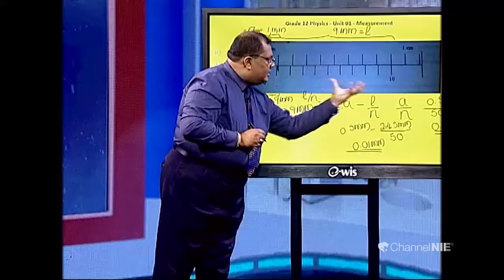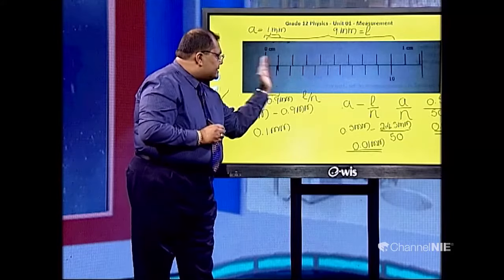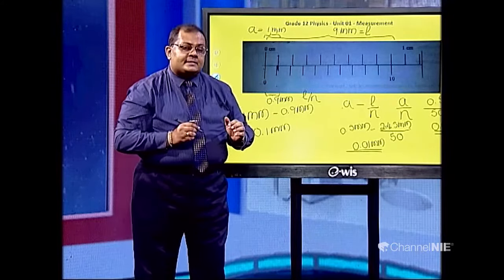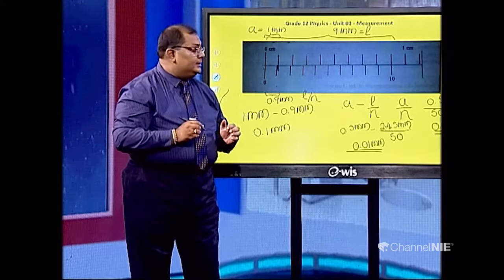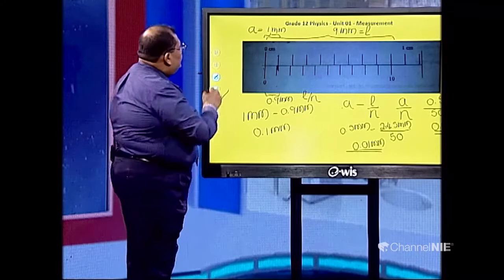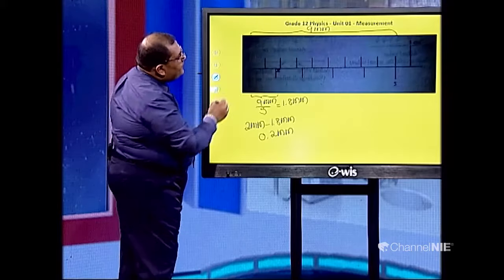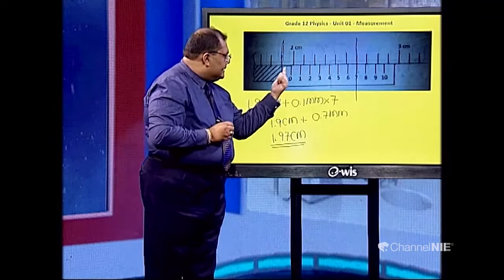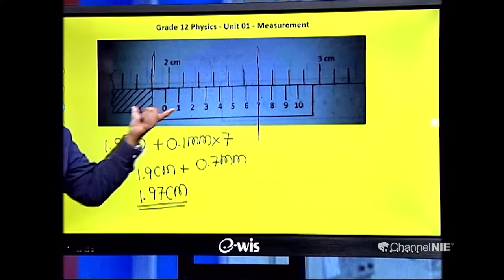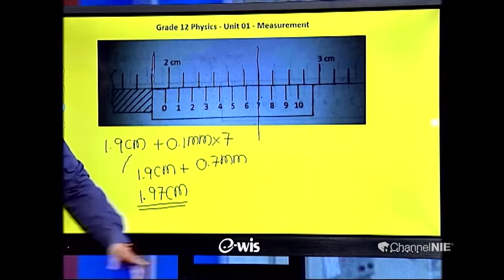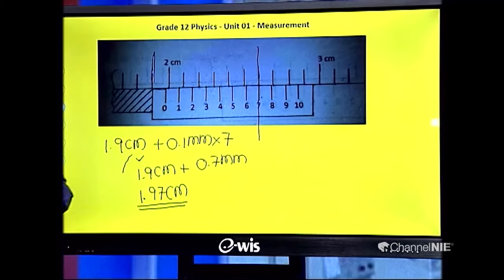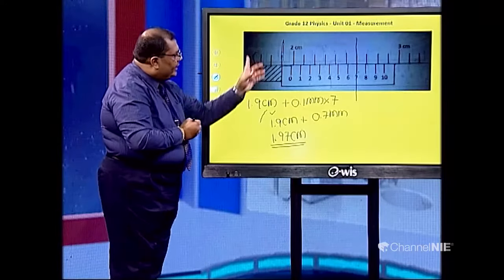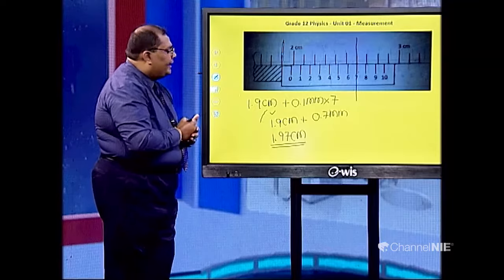Then the distance travelled by the 0 is 0.7 millimeters. That's why I took here 0.7, because 0 should shift a distance of 0.7 by the 7th division coinciding. Then the reading is 1.9 plus 0.7 millimeters.